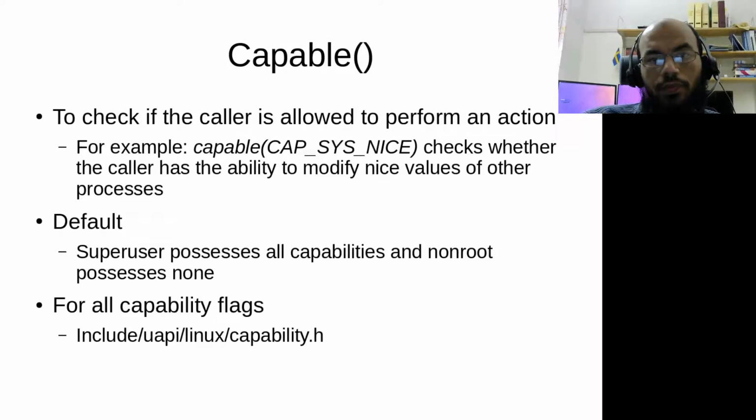Okay, there is also a check, because not all users are equal, so there is what we call the capable function. And capable is to check if the caller is allowed to perform an action. We have not talked about users that much, but users can have different capabilities.